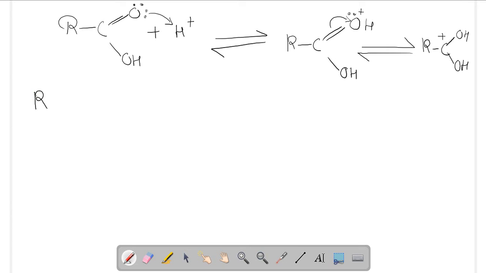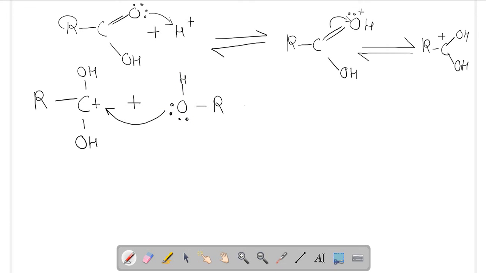So here the OH and OH, and here the positive carbocation, will be attacked by the oxygen of the alcohol group, and due to this the formation of a tetrahedral intermediate, that is RC(OH)(OH) connected with O, takes place.